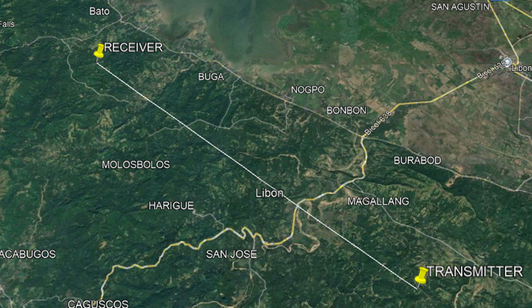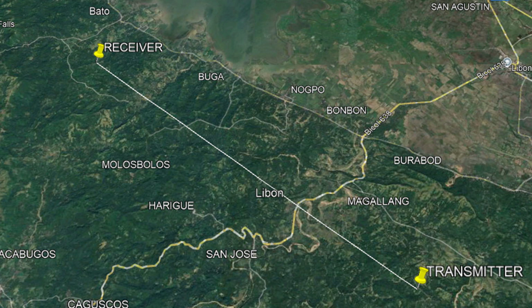For our operating frequency, we base our design on NTC Memorandum Circular Number 00207-2024. And through trial and error, we determined that 35 meters antenna height is ideal to achieve a straight line of sight for both of our towers.